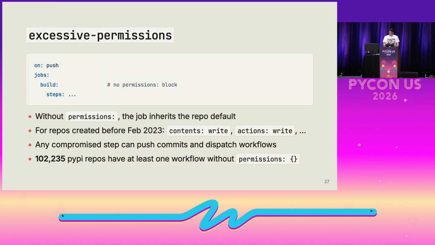So we're going to go through some of the particular audits of zizmor that are bad and that you should think about how you use these things. Excessive permissions. This is basically any repo that was created before February 2023 has a different default configuration than newer repositories.